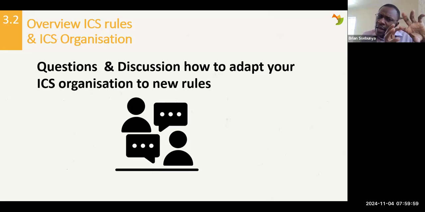Remember that agreement we said each member has to sign with the group? That committee can be charged with the responsibility of taking not only sanctions for organic, but also sanctions for other violations within the group. So it could be a committee, depending on your setup, but in those decisions, the ICS manager has to be part of it, because that's what the regulation says.